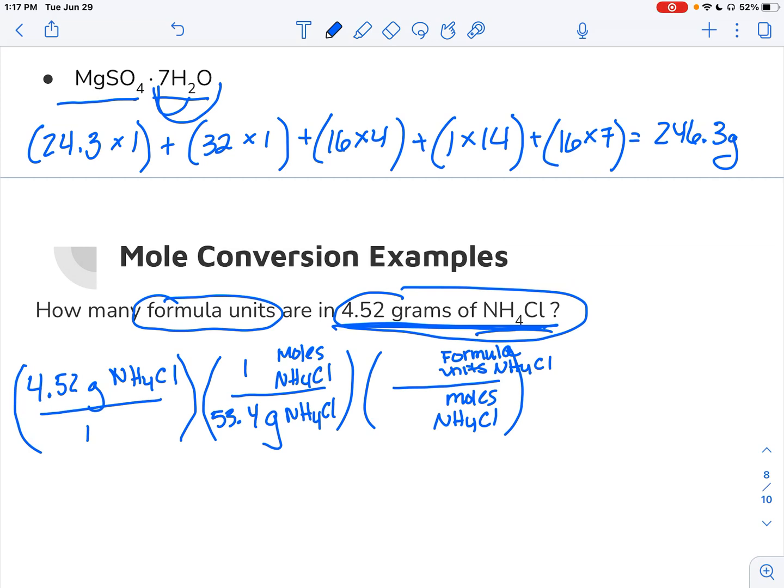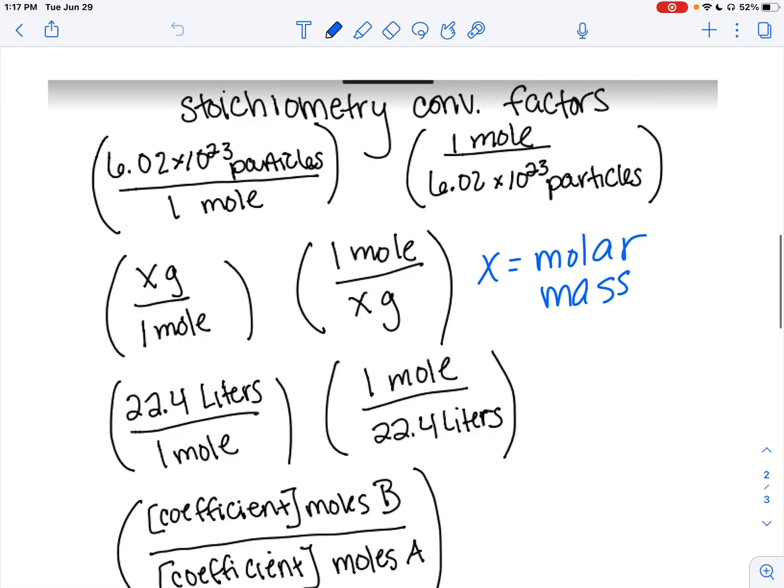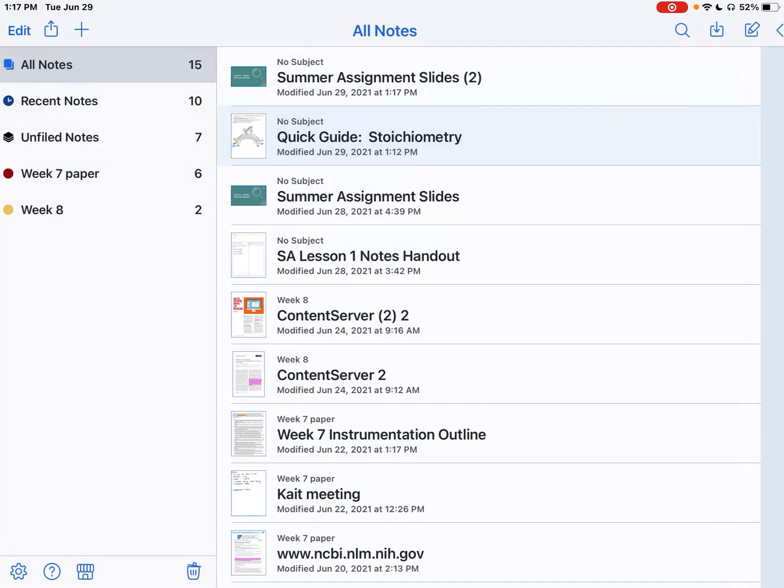So then for the next factor, you find the one that has formula units, which you know is a particle, on top and moles on the bottom. Particles on top, moles on the bottom is this one right here. So I'm just going to plug in Avogadro's number on top and 1 on the bottom.